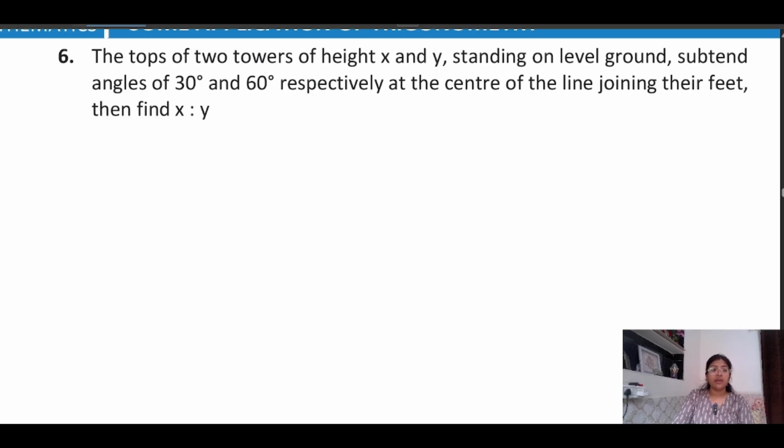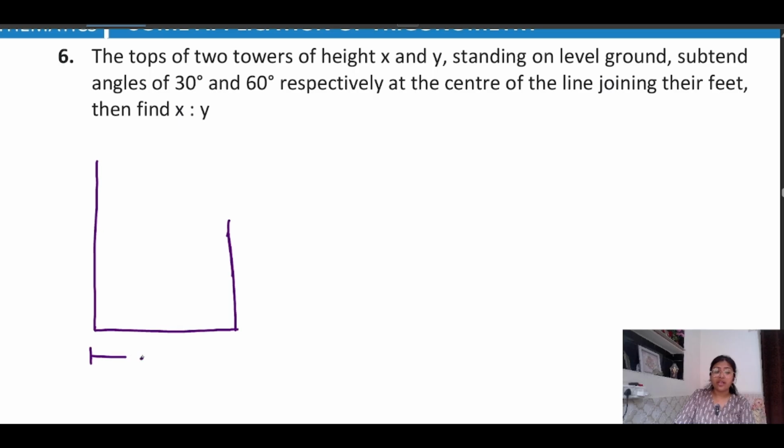Okay, see this. Try to form the figure on your own. Then I will let you know how to make the figure. They are saying the tops of two towers. There are two towers, one of height x and one of height y, subtend 30 degree and 60 degree from the center of the line joining their feet. Suppose this is a line having length 2a.